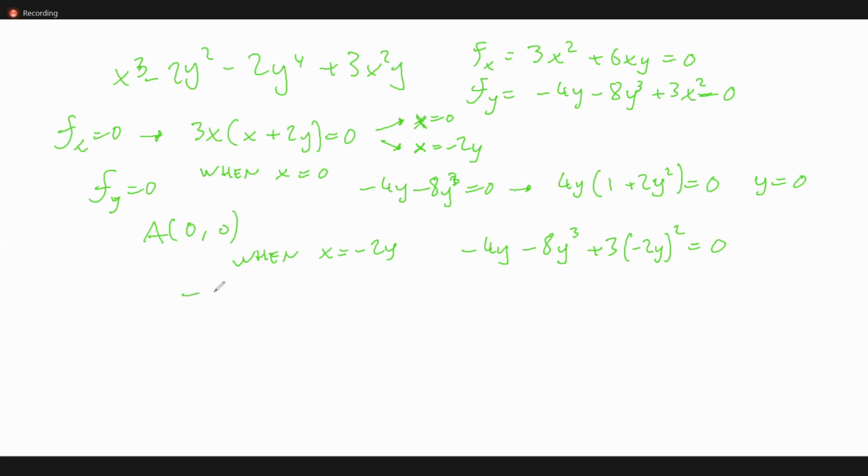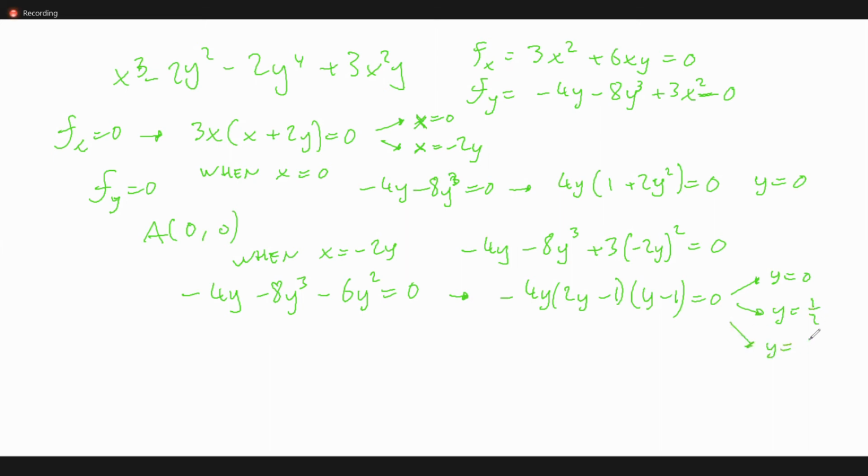So this becomes negative 4y, negative 8y cubed, negative 6y squared is equal to 0. And this factorizes into negative 4y, 2y minus 1 times y minus 1. So now we have three possible solutions: y equal to 0, y equal to 1/2, and y equal to 1.